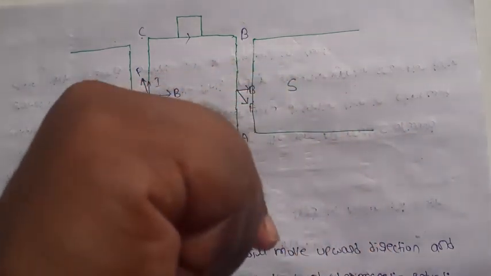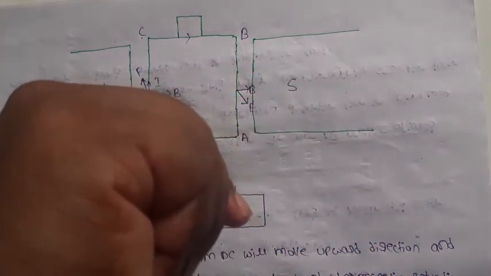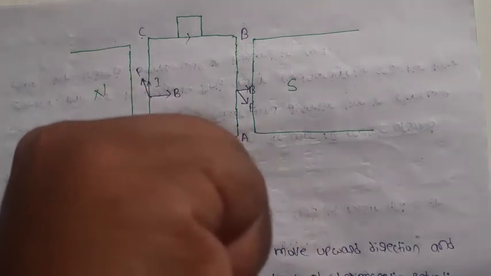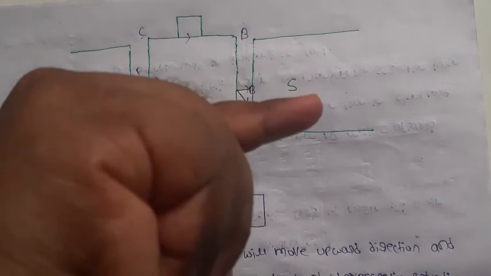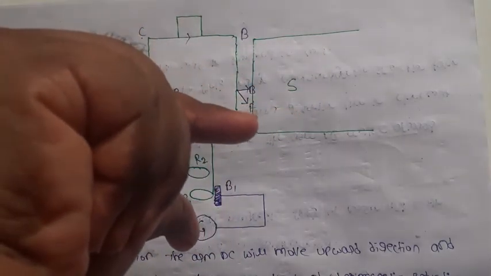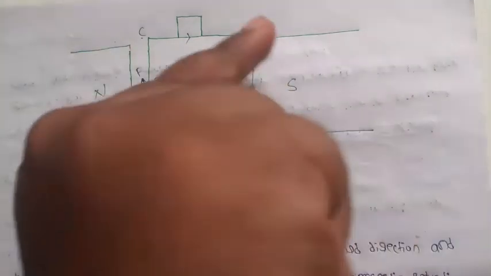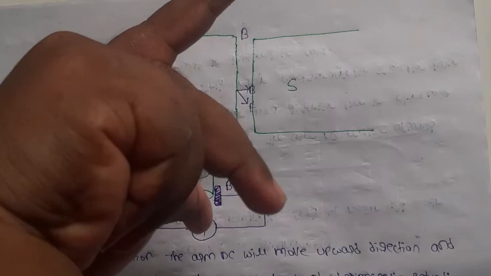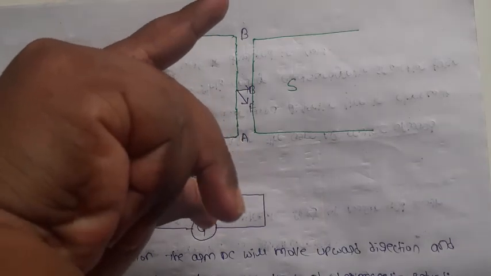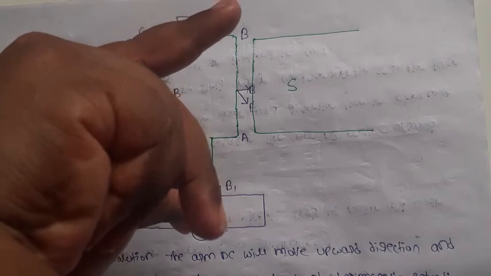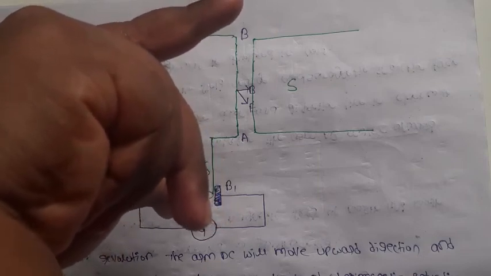From left side to right side. So align my forefinger from left side to right side. Induced current: what about the induced current direction? This is my center finger, shows the direction of the induced current, downward direction.